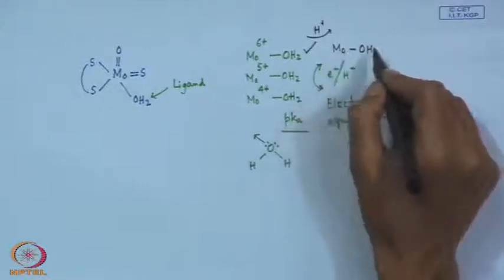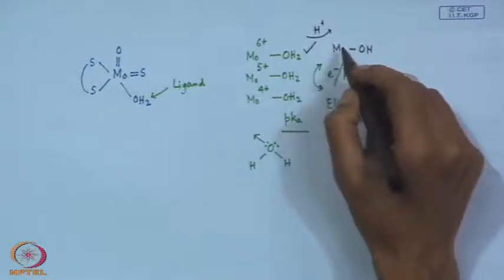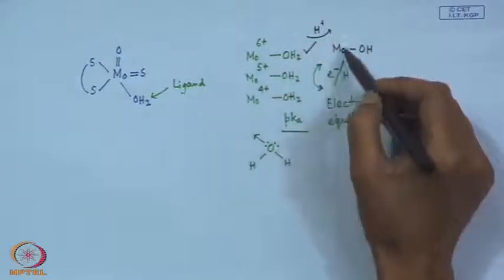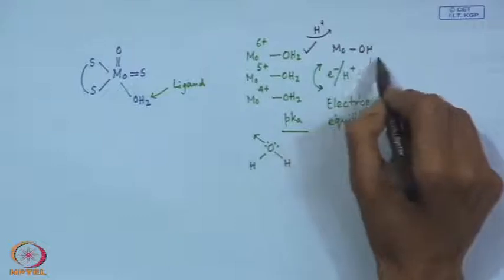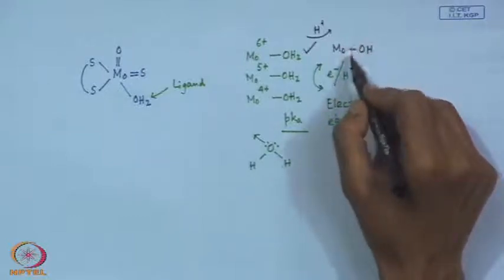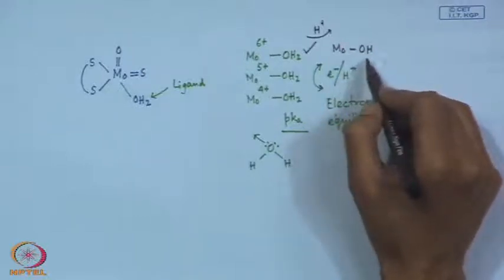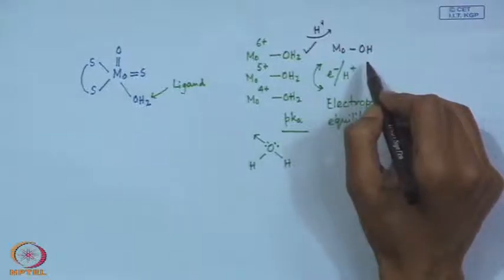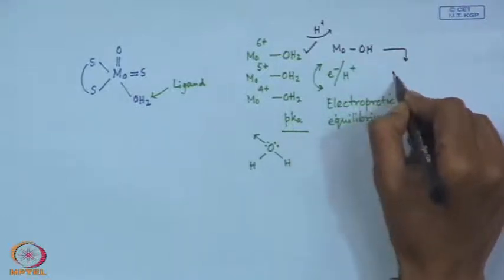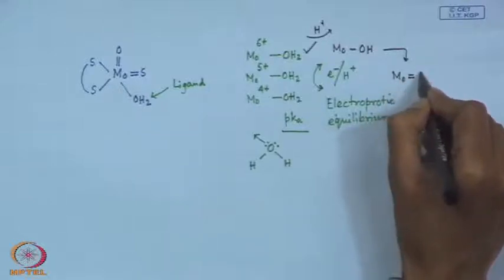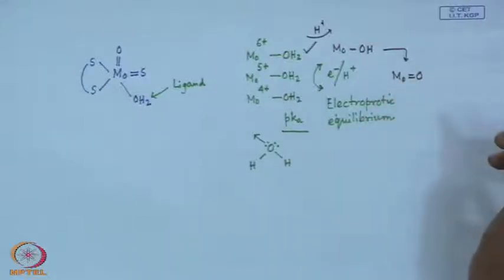If there is a reduction in the oxidation state during this process, going down to +5 or +4, the pKa value of this OH group attached to the molybdenum center is further changed. Otherwise, it can go from here to a molybdenum oxo species.